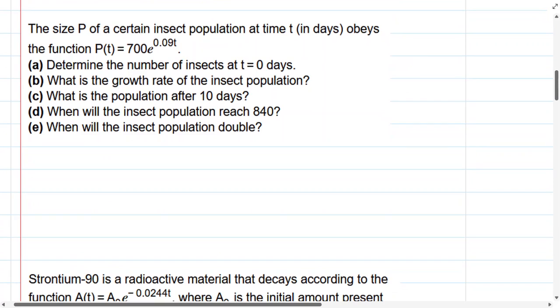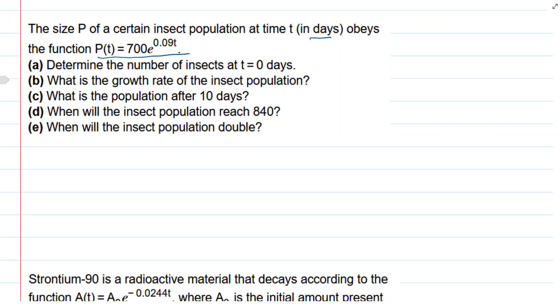So we're going to see what we have here. A certain insect population at time t in days obeys the function P of t equals 700 e raised to the 9% times time being days.